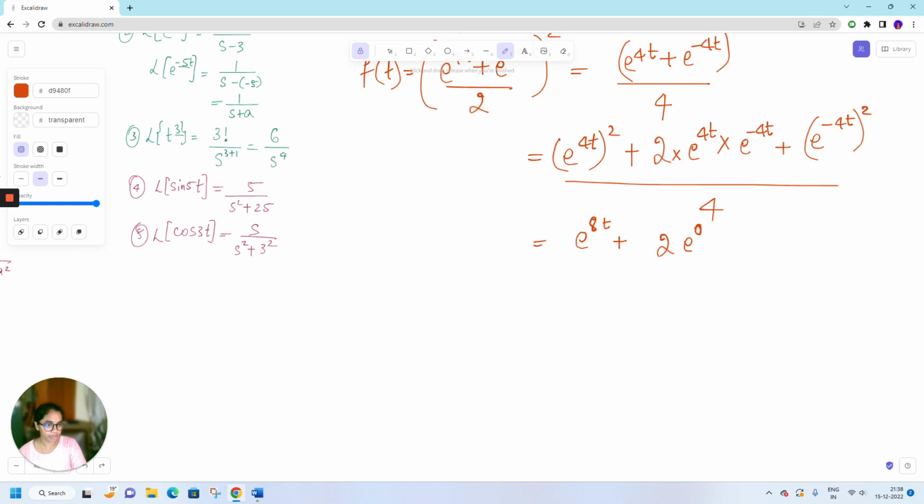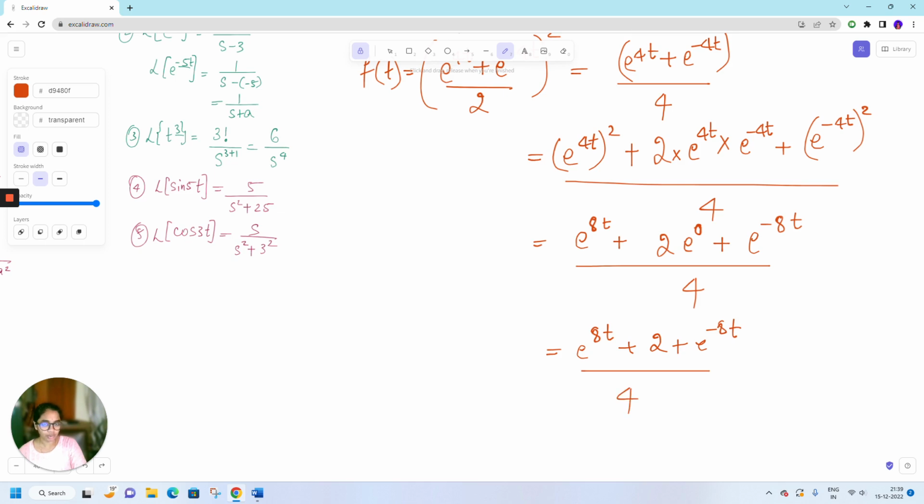It would be e power 0. What is e power 0? Anything to the power 0 is 1. Divided by 4. Now what do I have? E power 8t plus 2 plus e to the power minus 8t divided by 4.